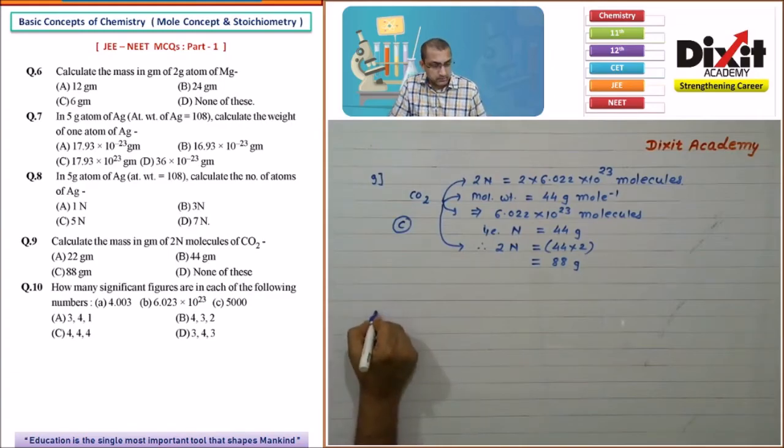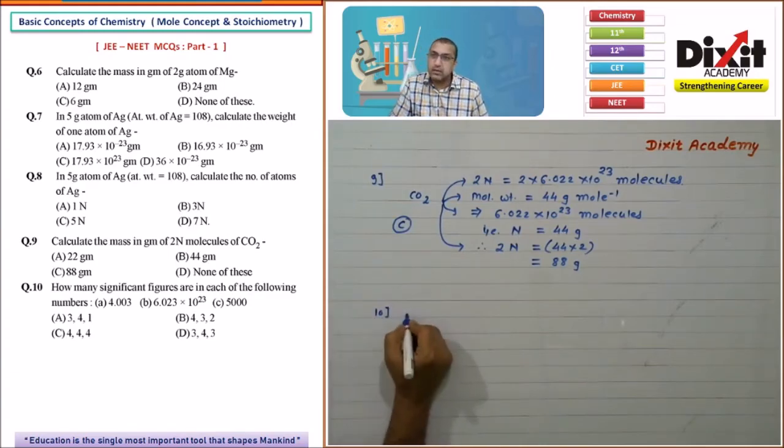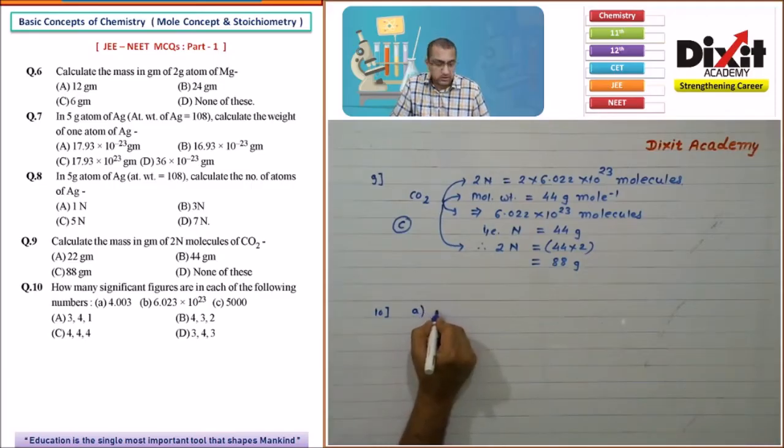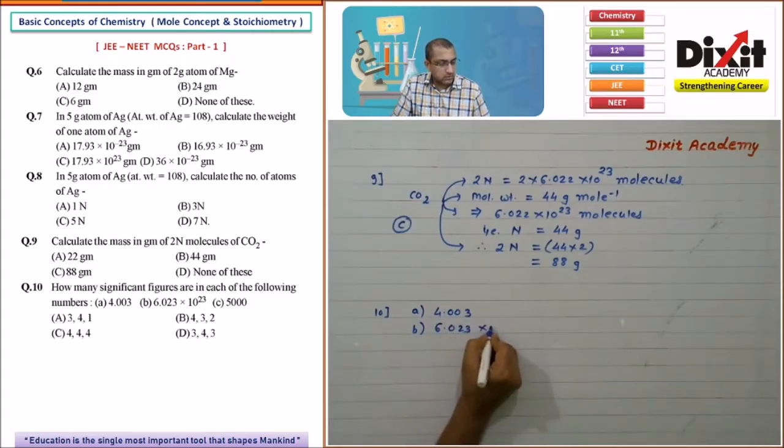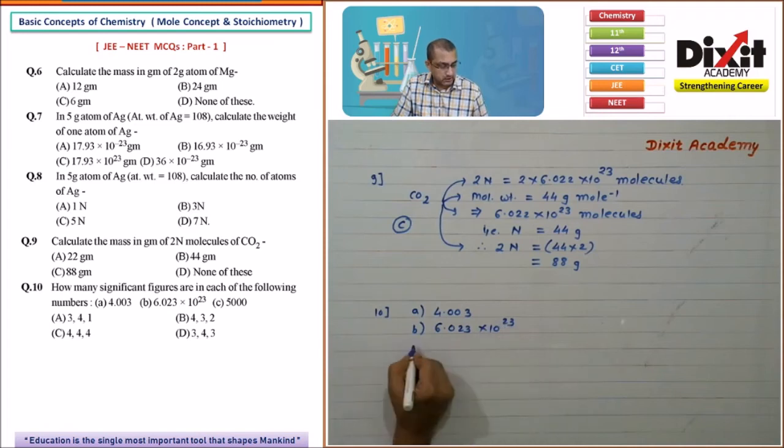Question number 10. How many significant figures are in each of the following numbers? So we have option A is 4.003, B given 6.023 into 10 raised to 23, and C is given 5000.